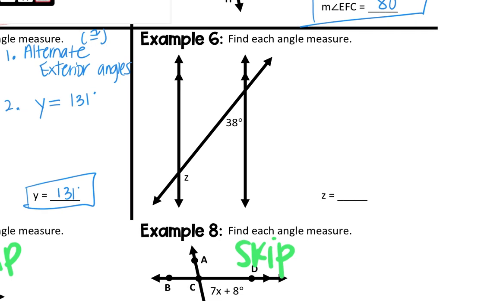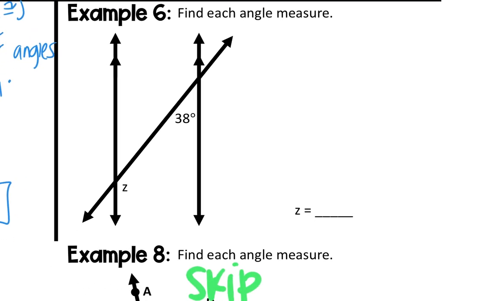Let's look at example 6. It says find each angle measure. So for angle 6, it says that Z is one of the angles, and then the other one is 38. Those are the given angles. Let's do the first step. Find what type of pair of angles they are.